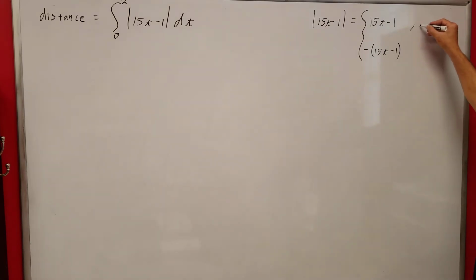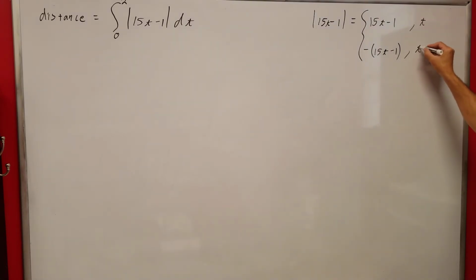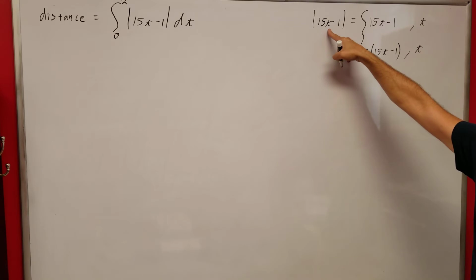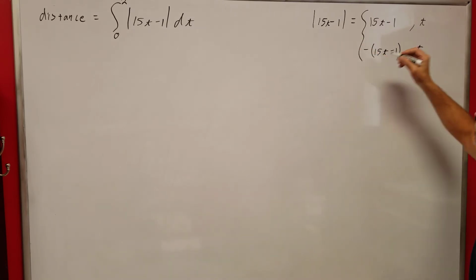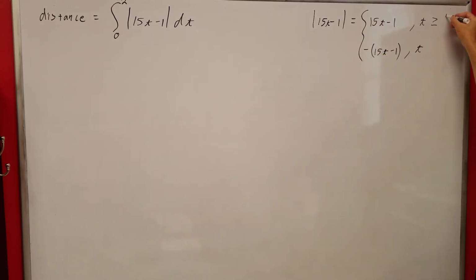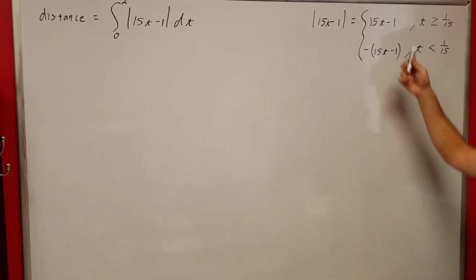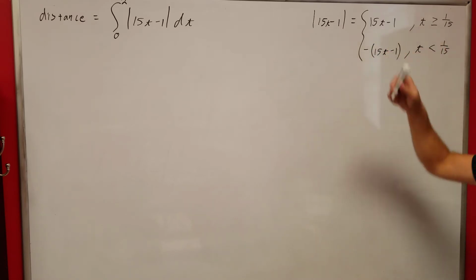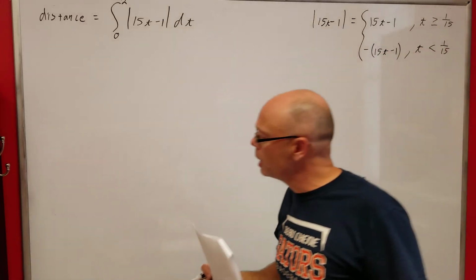And remember your breakoff point? Where's your breakoff point? Where this inside is equal to 0? Well, you can solve this one in your head. That's going to be 1/15. So I'm going to write this. Now remember, if you're ever unsure about that, just do test values in here. Make sure it works out okay.